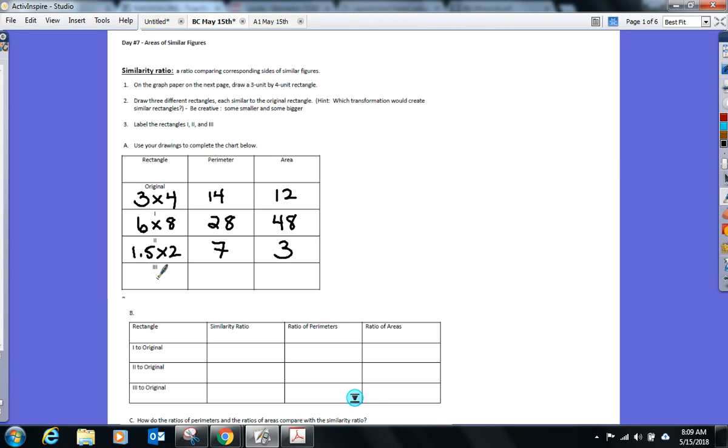Anybody want to give me a third and final rectangle that's going to be similar? Jack? 9 by 12, just multiplying by 3, fine.